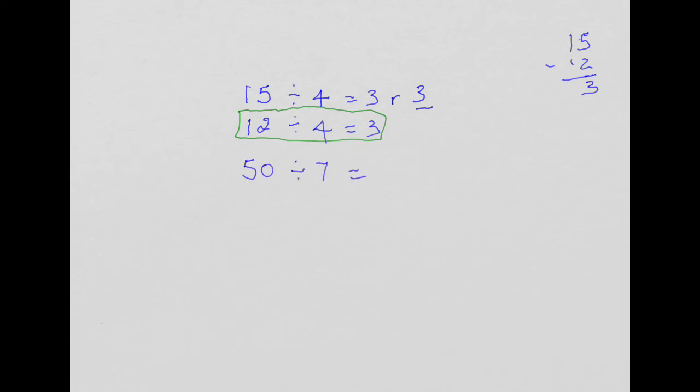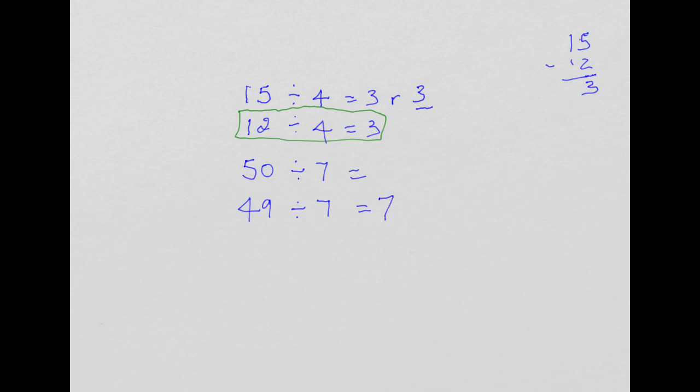Okay, we're going to do this one, 50 divided by 7. On the face of it, it looks difficult, but it's not. We know that 50 is not in the 7 times table, don't we? But we also know that 7 times 7 equals 49. So 49 divided by 7 equals 7.